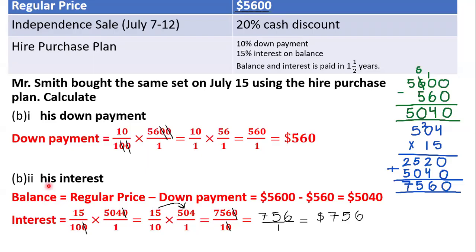That's why the next question is going to be the balance and the interest. We're using 5,600 because that is what the interest is on. Interest is 15% of this price, not to say that's the only thing he pays.